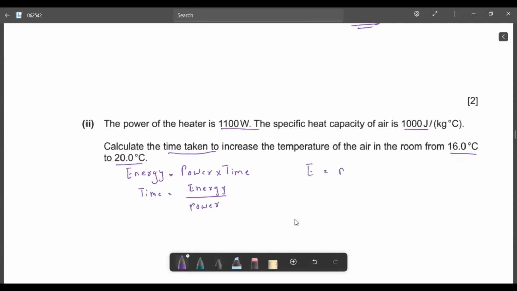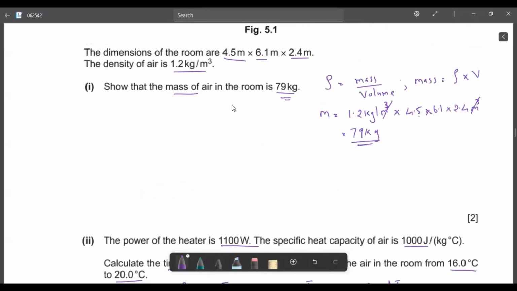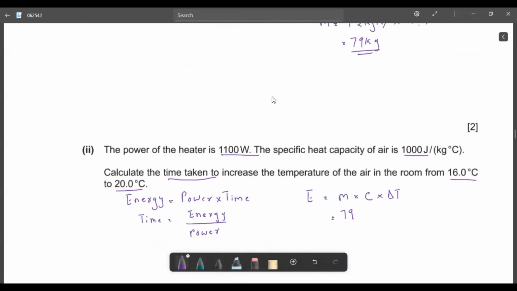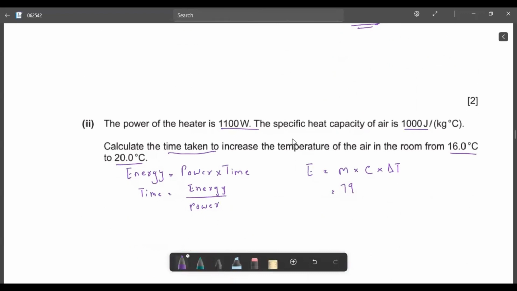So energy is mass into specific heat capacity into change in temperature. Here mass is given as 79. We have found it from the previous part, that is mass is 79 kg, into specific heat capacity 1000, and change in temperature, that is 20 minus 16, that is 4.